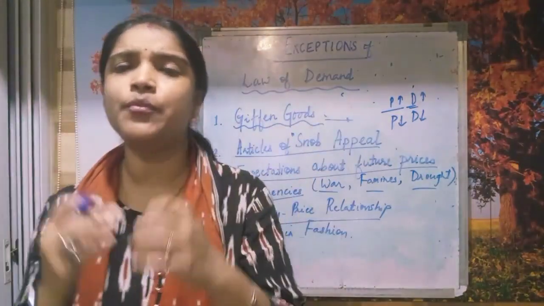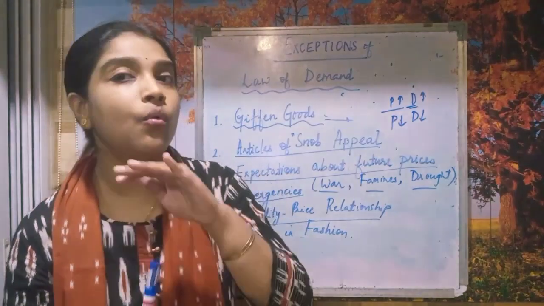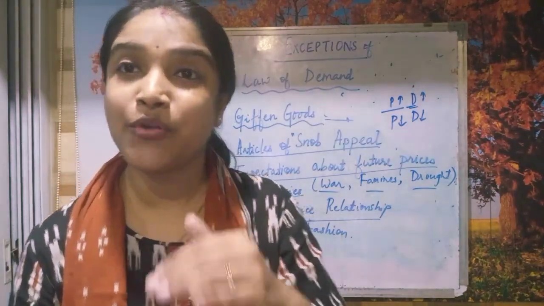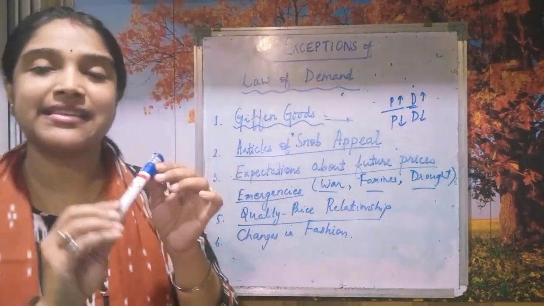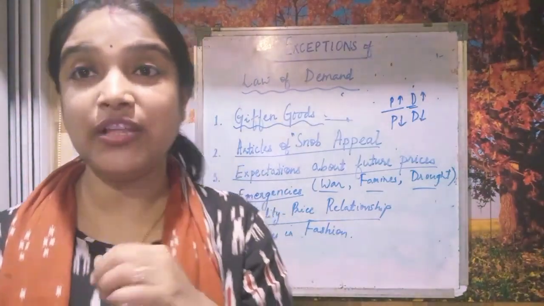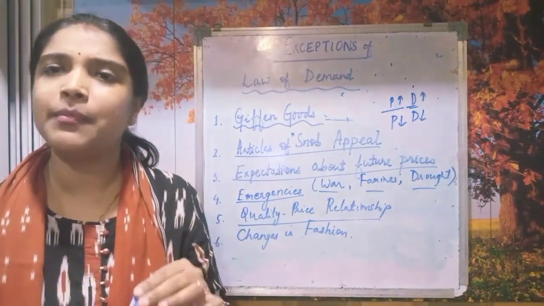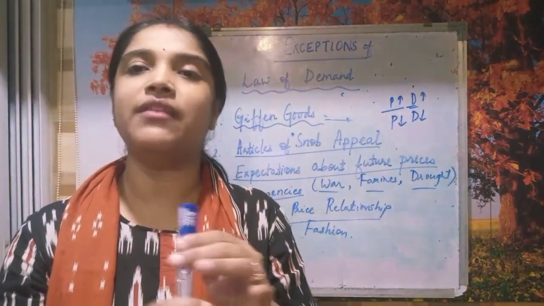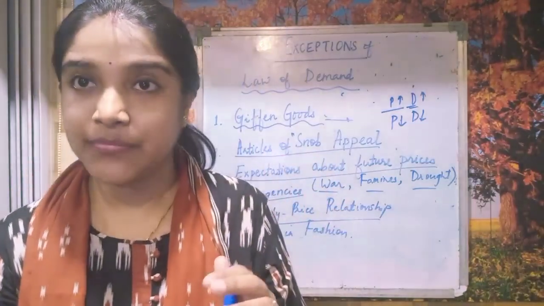Okay, next, quality price relationship. Now, what is the quality price relationship? There are so many people in the world who are very much driven by the price factor. If the price of this particular pen is, say, 200 rupees, they feel that the quality of the pen is really good. But there are again some people who think that no, even if it is 10 rupees, it is helping me to write.